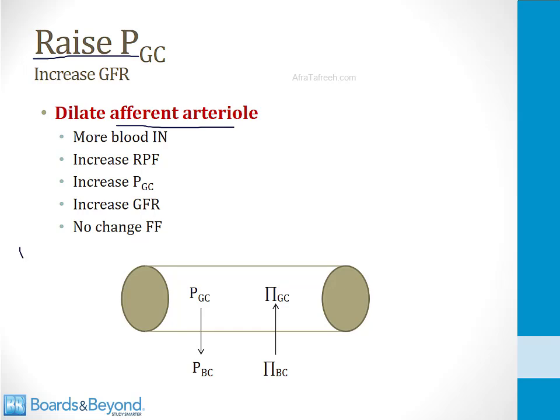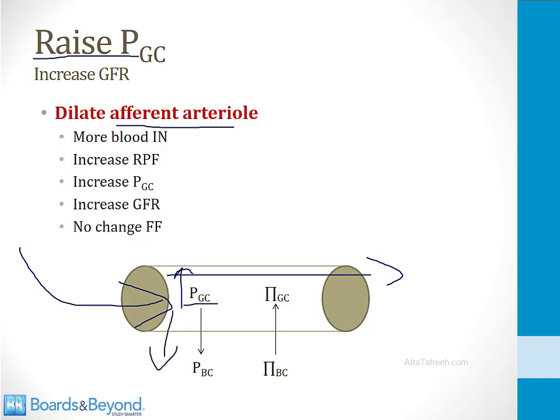That allows more blood to rush into the glomerular capillary, and that will increase the renal plasma flow of blood flowing through this capillary. That will also raise the hydrostatic pressure Pg sub C. Why would this happen? Well, we're stuffing more molecules into this capillary, therefore we are going to raise the hydrostatic pressure Pg sub C. And remember, this pressure is a driving force for the glomerular filtration rate. So when we do this, the GFR will increase.